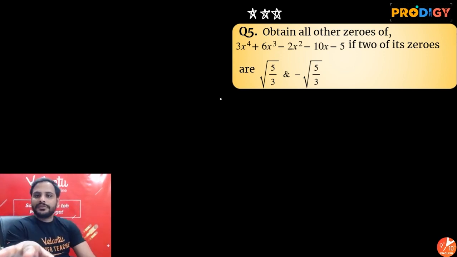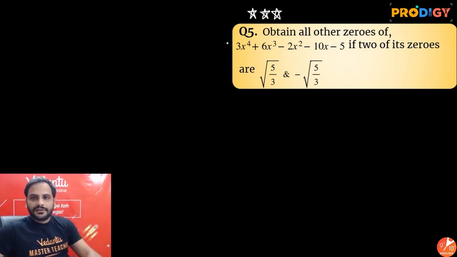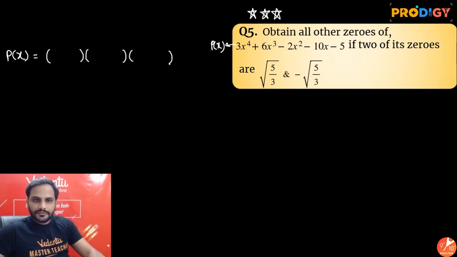So I know from these two zeros I'll get to know about two factors. For the other remaining two factors, I have to find them out, and for that I will do the division. So let's say this is a polynomial px for me. I know this polynomial px will have 4 factors because its degree is 4.